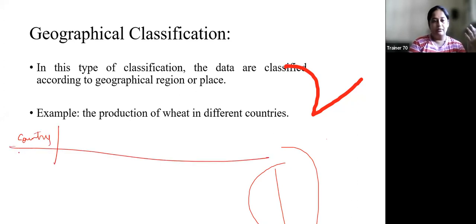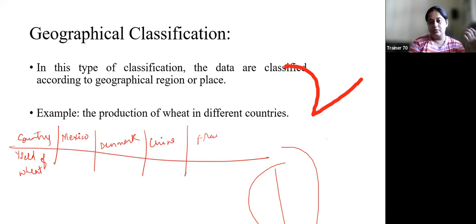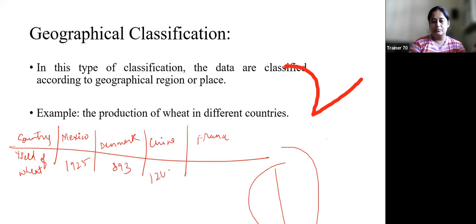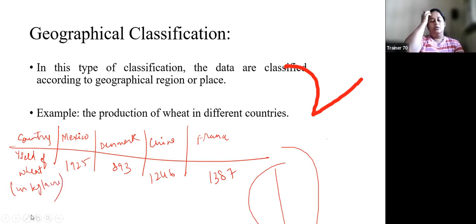Country, and we have yield of wheat. So you can write various countries: Mexico, Denmark, China, France, etc. So this is the geographical classification.